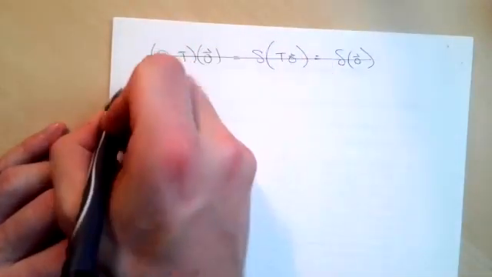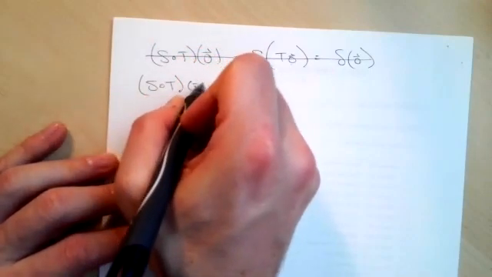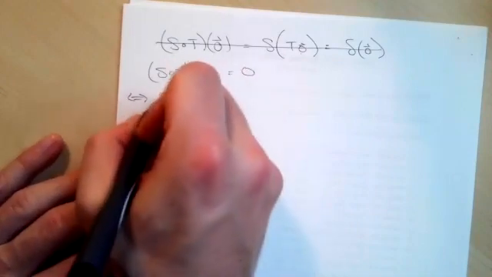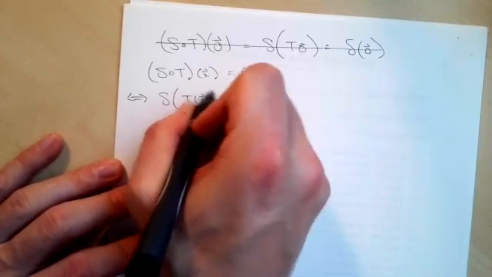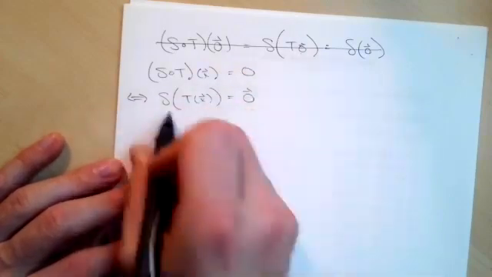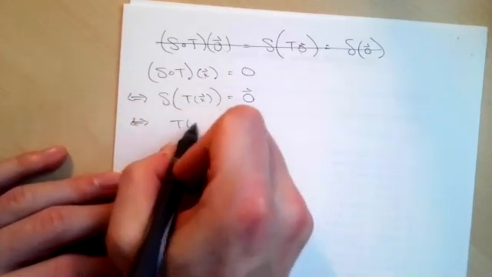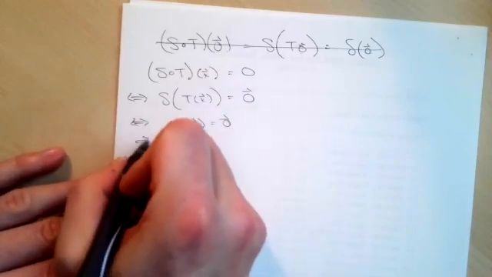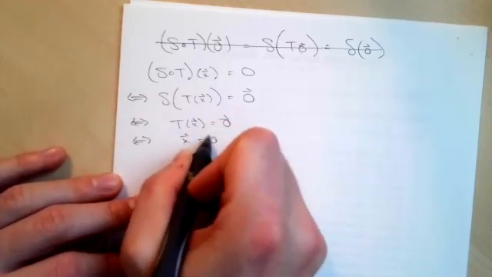Really what we want to explore is if we have S composed with T of x equal to 0, that only happens when S of T of x is equal to 0. If S is injective, that implies that T of x had to have been 0. And since T is injective, that implies that the x vector had to have been 0.